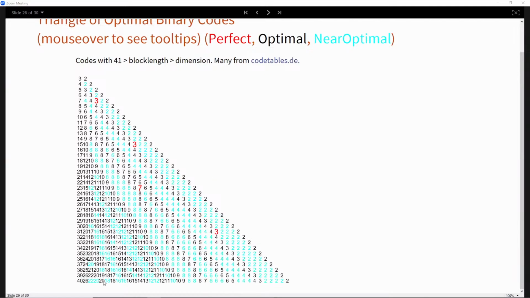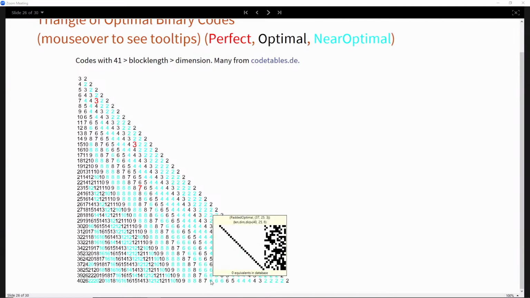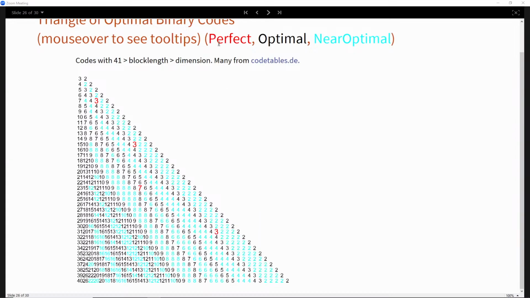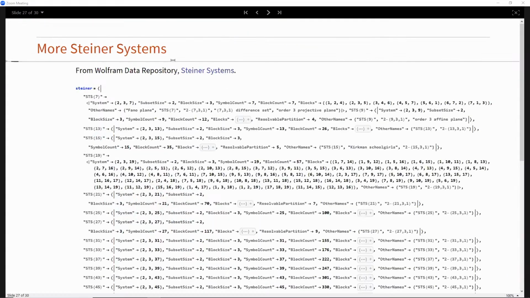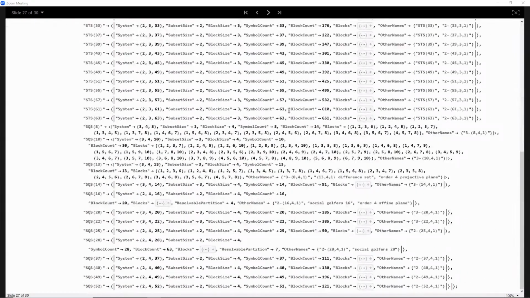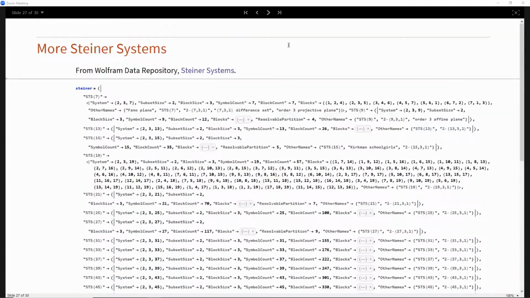And many of these, especially for larger systems, it's unsolved what the best code is. You can take a look at a whole bunch of different Steiner systems at our Wolfram Data Repository, Steiner systems, and here's some of what's in that set.